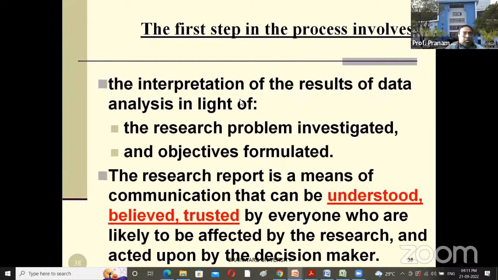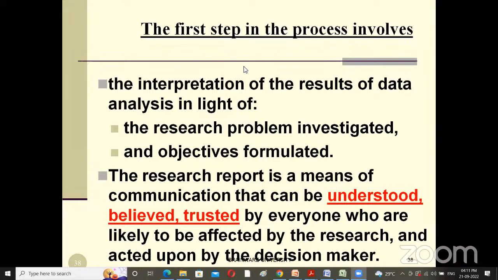Okay, anyone else? Sir, for my research title, Sustainable Coastal Tourism Development in Selected Beaches of West Bengal, I had selected 3 beaches.